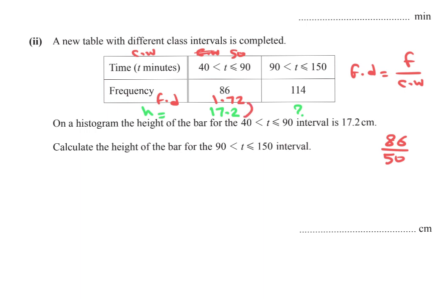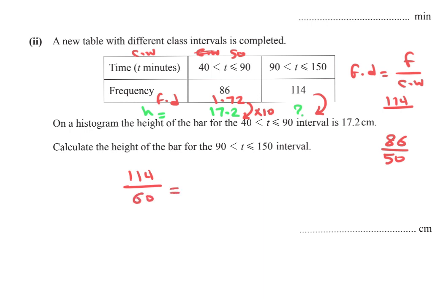So we can do the same. We can find the frequency density and then multiply by 10. Find the frequency density first. We need to divide the frequency 114 by the class width. 150 minus 90 is 60.